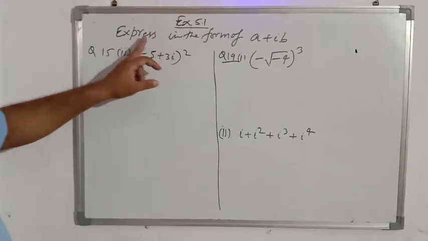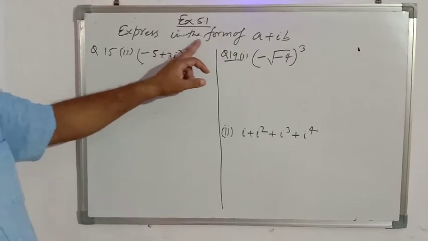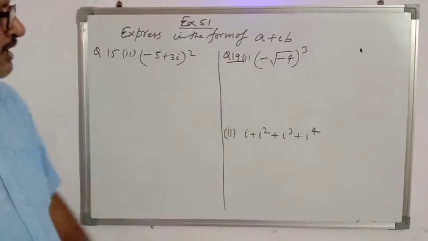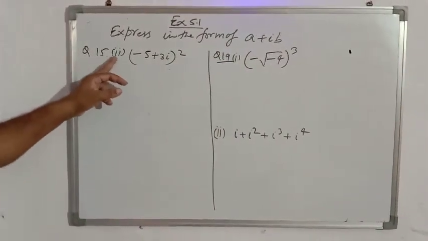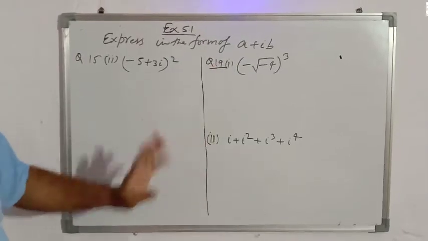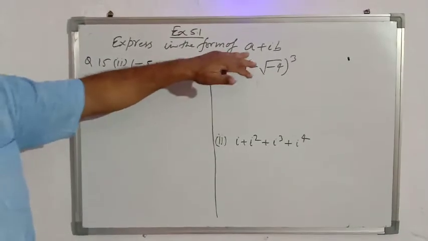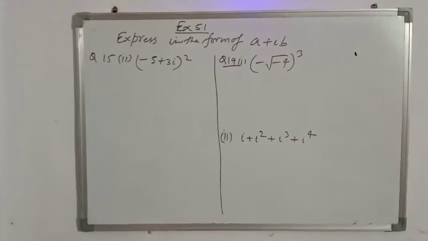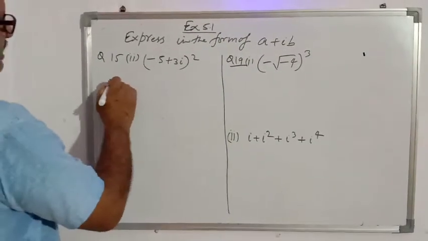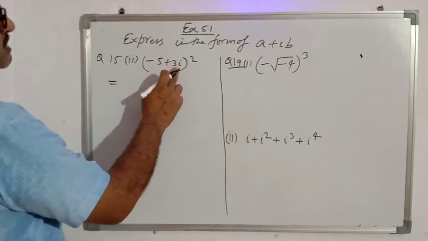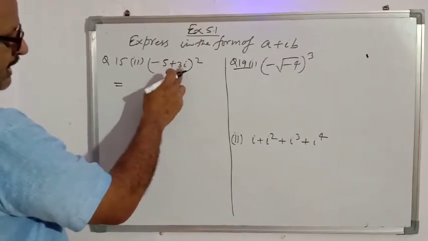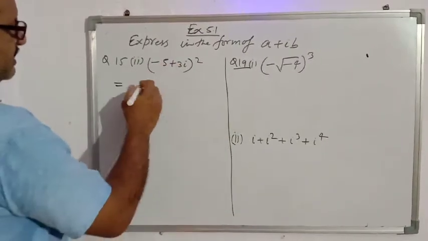Exercise 5.1. Express in the form of a plus ib. Question number 15 second part, 19 first and 19 second part. We have to express this complex number in the form of a plus ib. So firstly we will simplify it. Minus 5 plus 3i whole square. We can apply here the a minus b whole square identity.